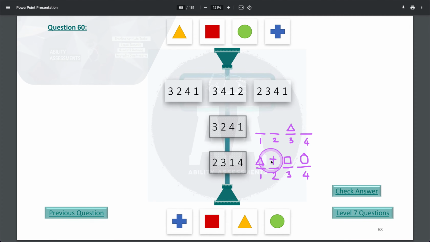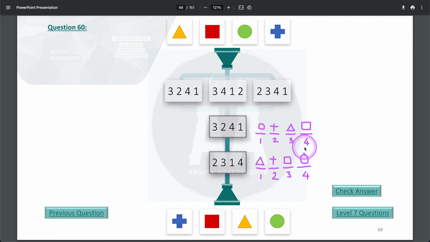The cross should be in position number 2, so you put it in position number 2. The next shape is the square, which should be in position number 4. And finally, the circle by default should be in position number 1, since it's the only space left.